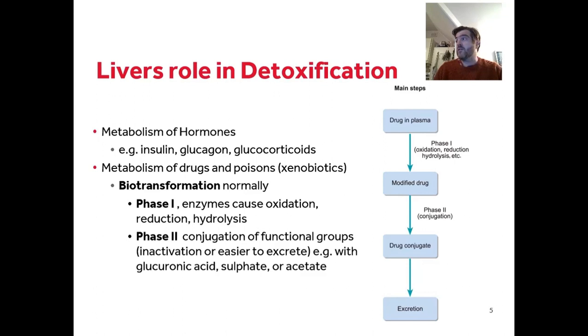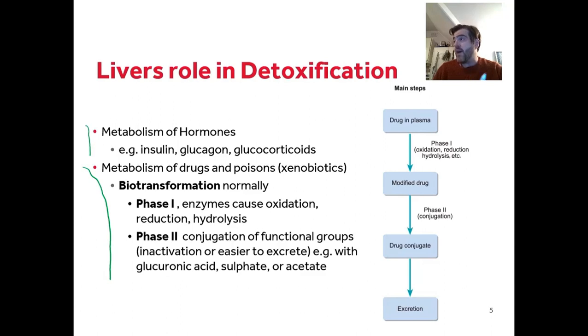As well as the breakdown product of protein metabolism, ammonia, the liver also metabolizes lots of endogenous hormones, for example, insulin, glucagon, and corticosteroid hormones in the body. Probably, though, the most familiar metabolic pathway is the metabolism of drugs and poisons.